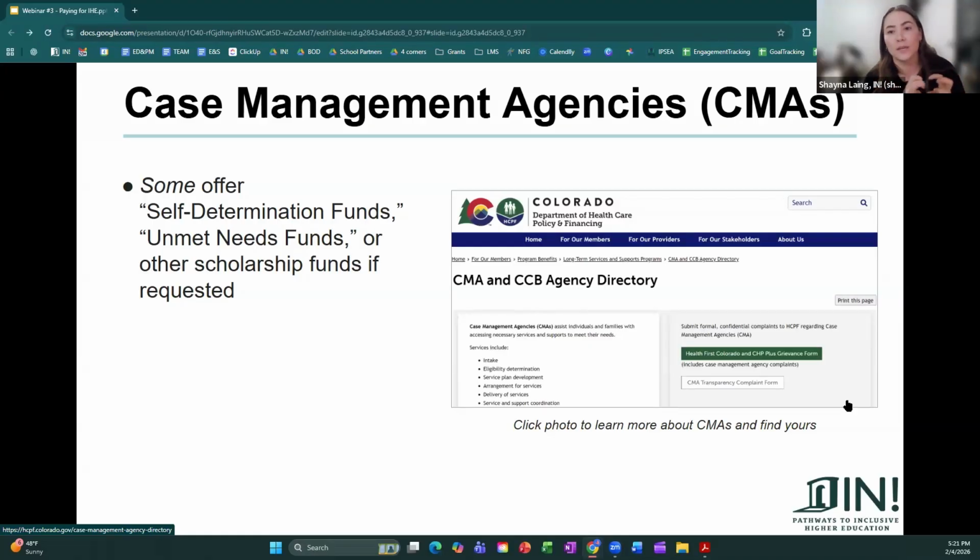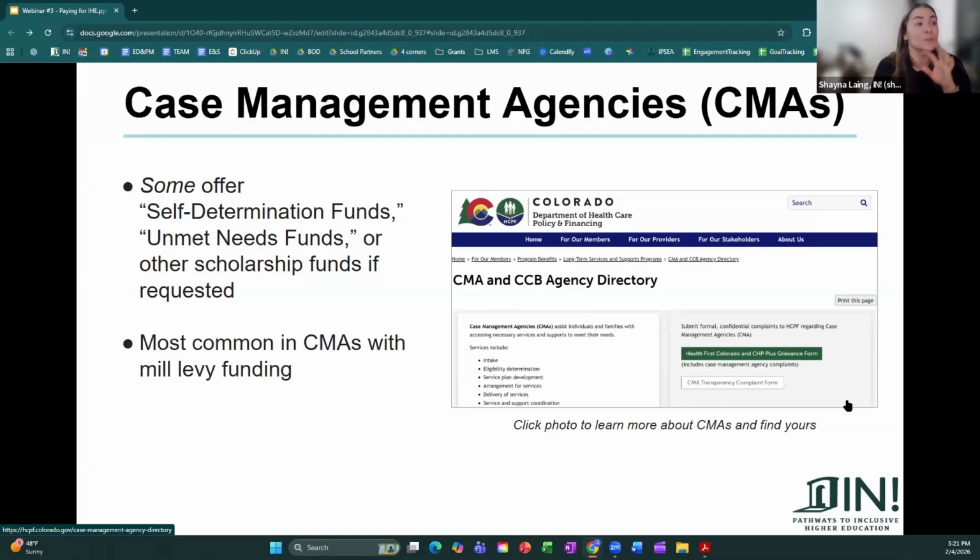There are some case management agencies that have a really small pocket of funding that they only provide to families that communicate need, and they might justify that for a student pursuing inclusive higher education that has a particular career goal that really needs this support. Self-determination funds has a broader intent, and really any student that says, I want to do this thing with my life can pursue self-determination funds, and a case management agency might be able to provide some of that towards higher education. So those are some of the code words that we have heard.